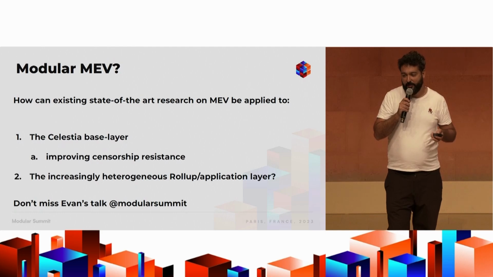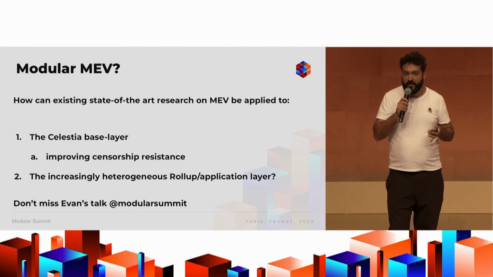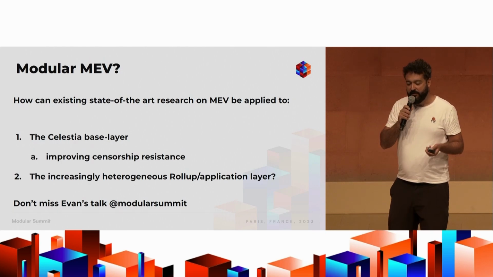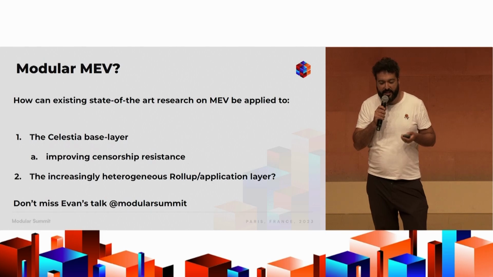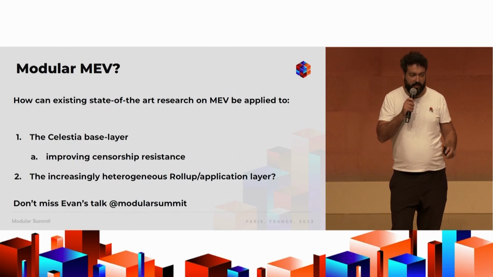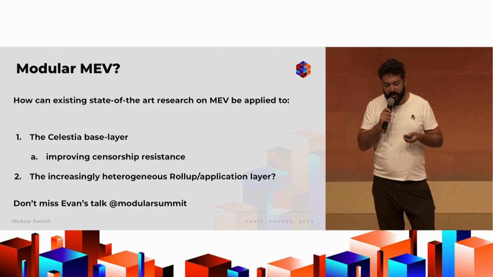Another hot topic is how to fix MEV, or rather how to apply current state-of-the-art MEV research and techniques to the modular stack, right? There are several teams working on this. I think Skip and Flashbots are the most noteworthy here.